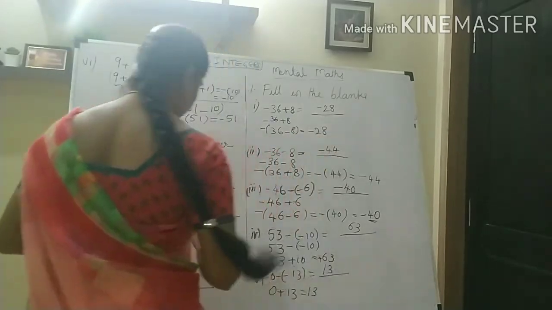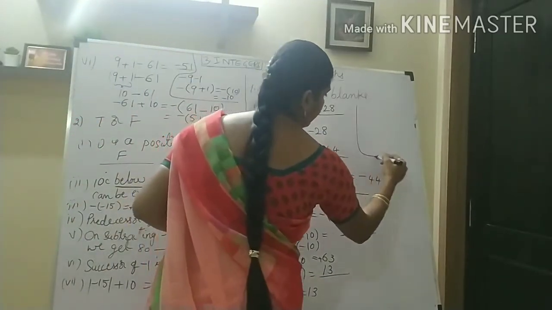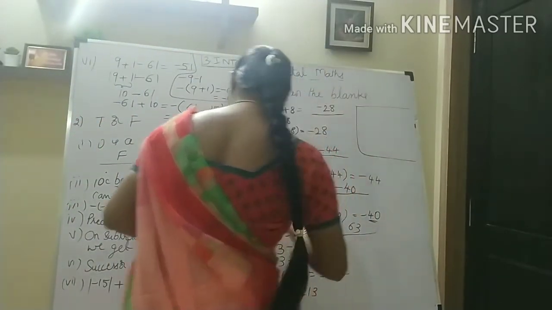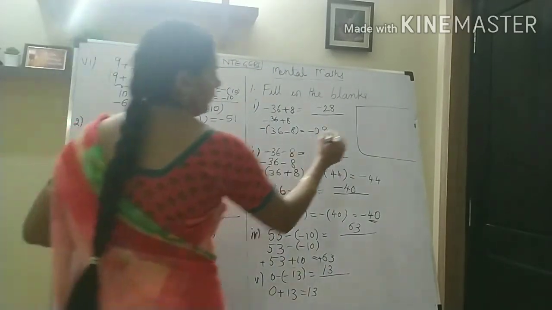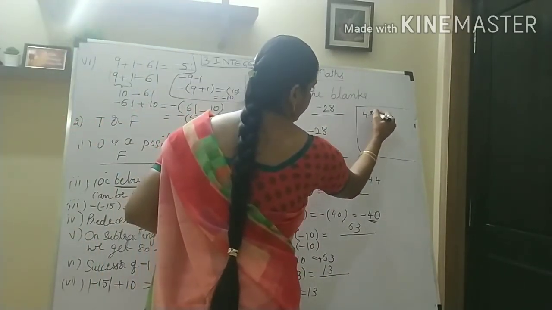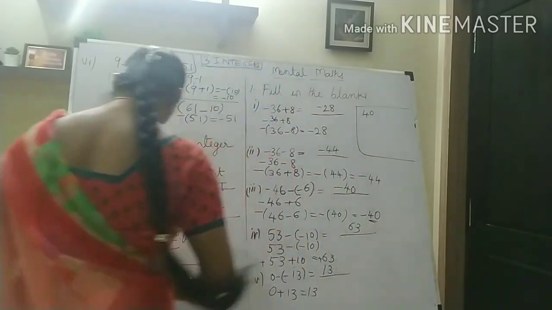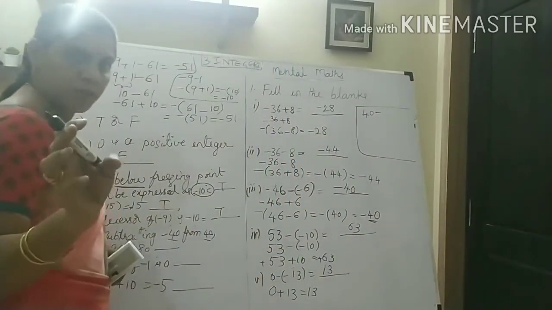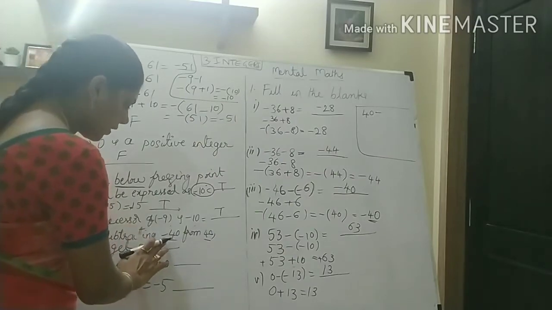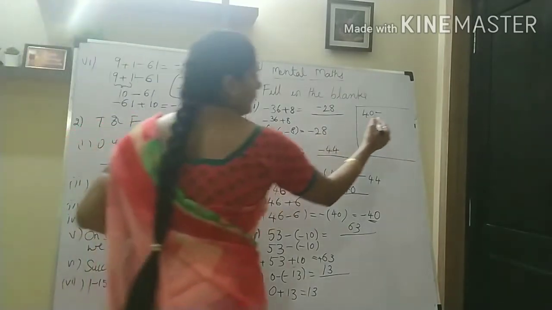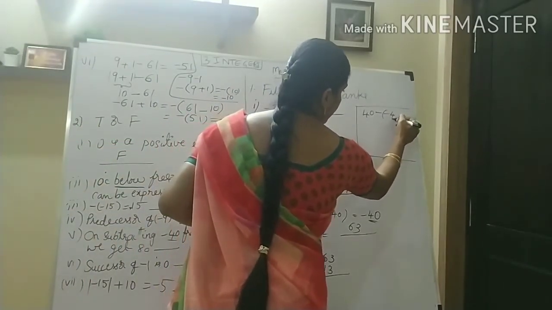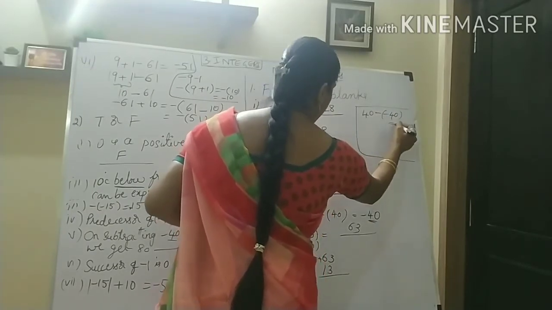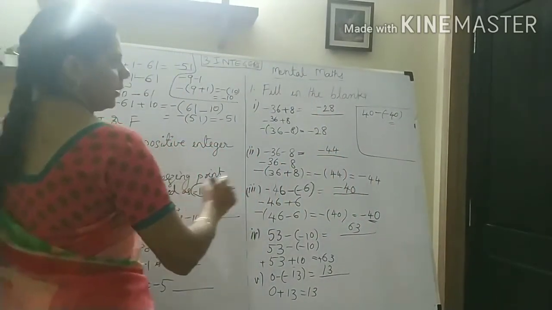What is the second number here? From 40, so I am writing 40. What we have to do? We have to subtract, so minus. Which one we have to subtract here? The first number, minus 40. So within the brackets I am specifying this one. What you get here? We get 80.